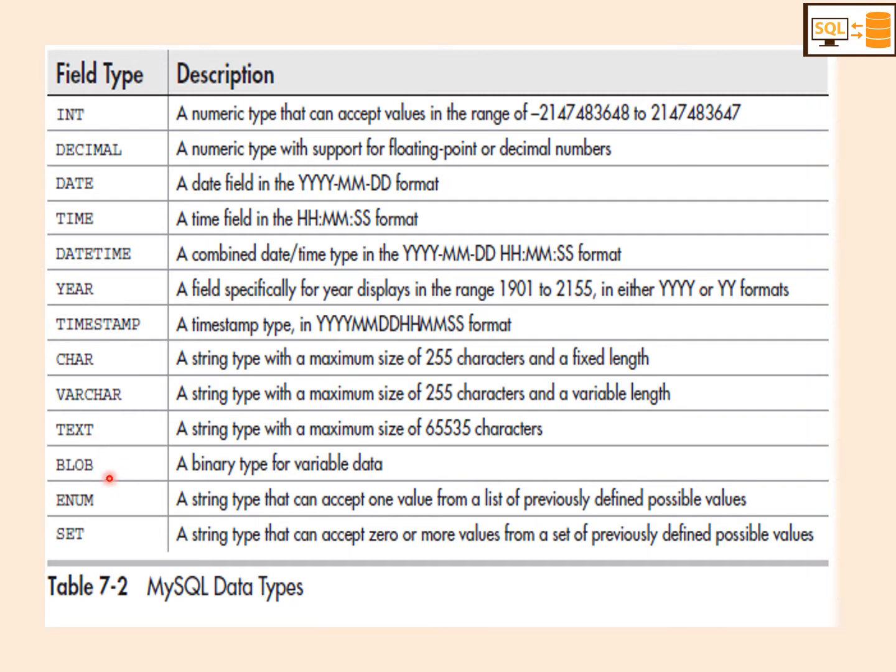Blob is a binary type for variable data, and enum is another data type which is a string type that can accept one value from a list of previously defined possible values. Then set is a string type that can accept more values from a set of previously defined possible values. So these are the most commonly used data types associated with MySQL.